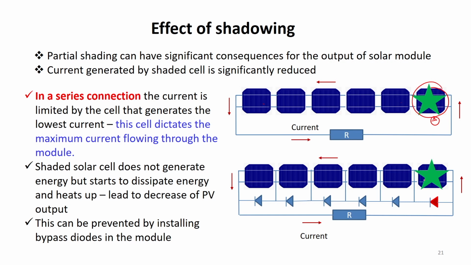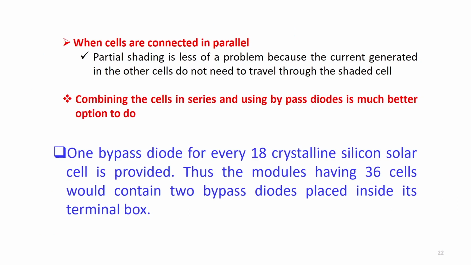So, if something goes wrong with one cell, then this will be discarded and the rest of the system will operate, and we can have higher values of energy conversion. And when cells are connected in parallel, the partial shadowing is less of a problem, because the current generated in the other cells does not need to travel through the shaded cell. Okay. Combining the cells in series and using bypass diodes is a much better option to do.